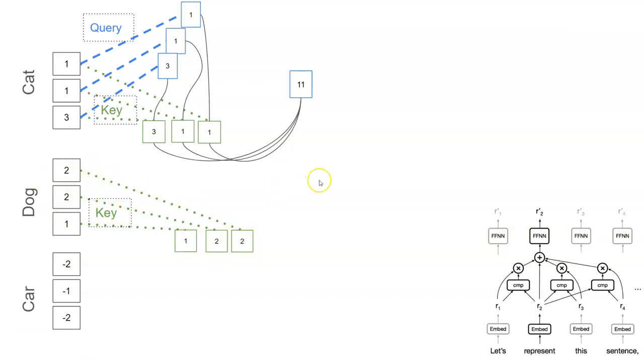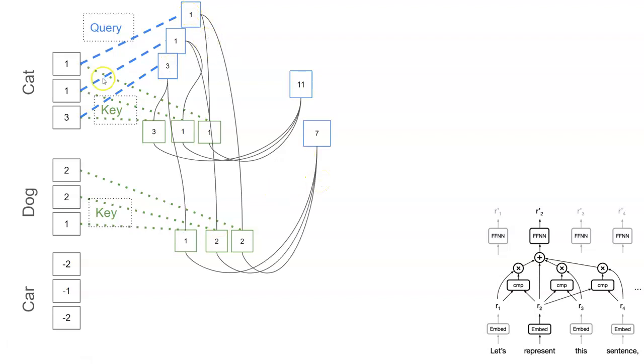And what do we do then? We take the query again as the cat query, and 3 times 1 is 3, 1 by 2 is 5, 1 by 2 is 7. This means that the cat thinks that the dog is worth 7, has the weight of 7. Okay, the cat thinks now that itself is 11 and the dog is 7.